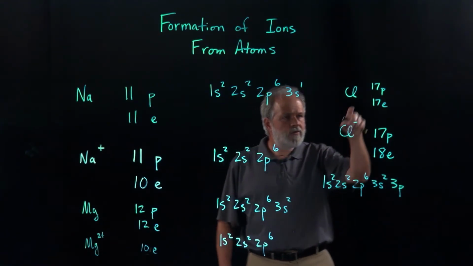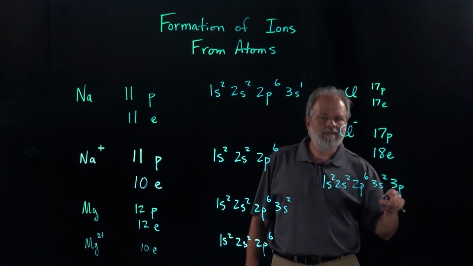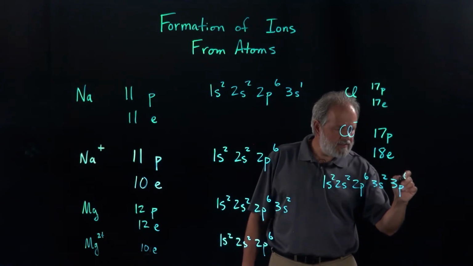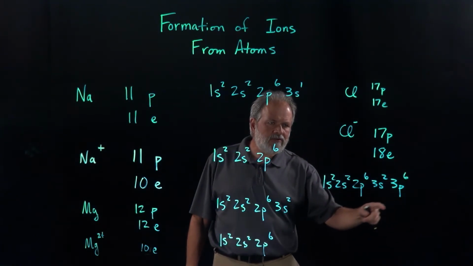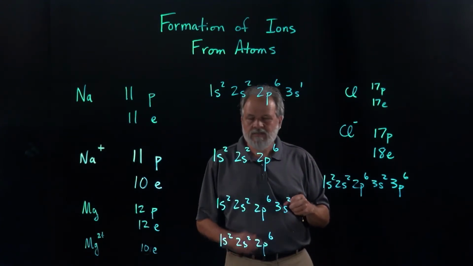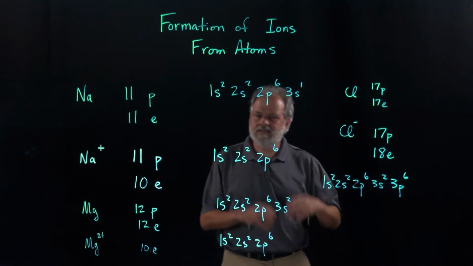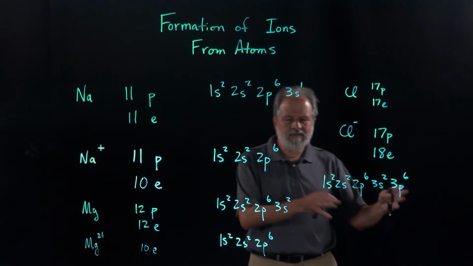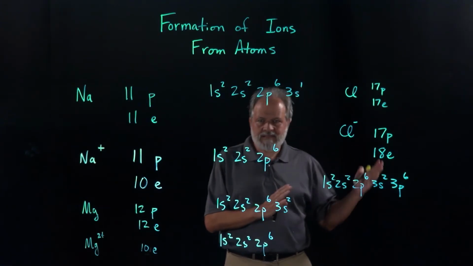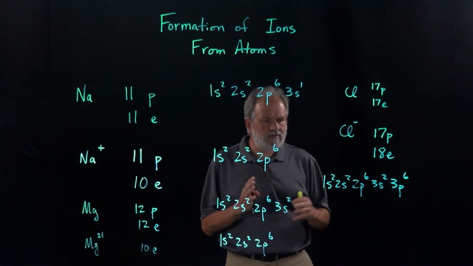For the chlorine atom, this would be 3p5. For chloride, we have one more electron, and it'll be 3p6. This has the same electron configuration as argon, also a noble gas. So the driving force for the nonmetals is to gain electrons so that they have the same number of electrons as the noble gas that's next in the periodic table, right of them.